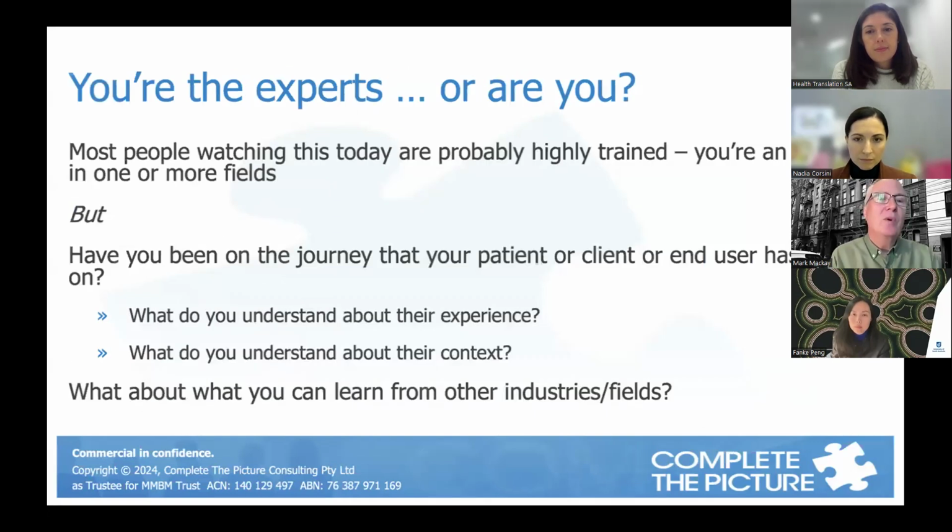So my question to you is, are you really the expert? If you're working in the health translation space, be it in a hospital or healthcare setting, or you're a researcher, you're probably highly trained as a clinician, as a researcher, and you're an expert. Might be in one field, it might be in several.